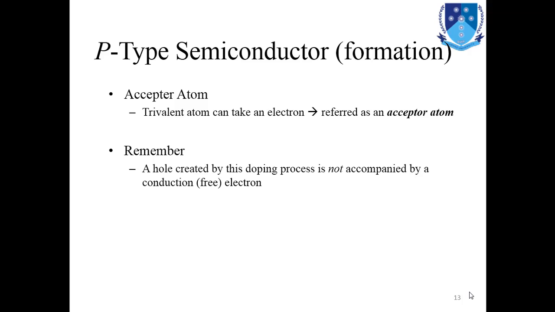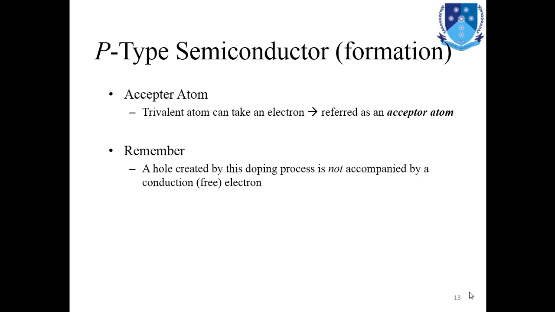Now the trivalent atom which we add in our semiconductor material can accept an electron, and due to this acceptance of electron it is referred to as an acceptor atom, while the pentavalent atom can provide an electron, so it is referred to as a donor atom.